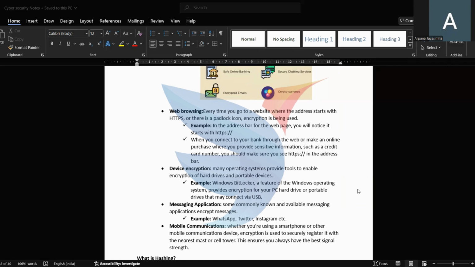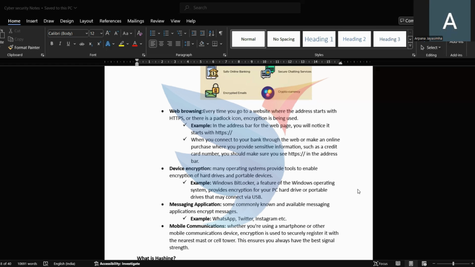For example, in the address bar for the web page, you will notice it starts with HTTPS colon slash slash. When you connect to your bank through the web or make an online purchase where you provide sensitive information such as a credit card number, you should make sure you check the same address bar.